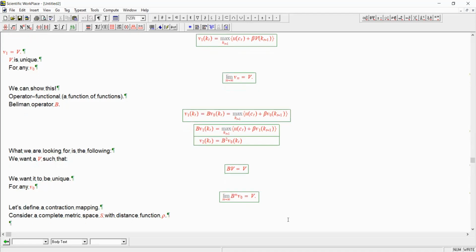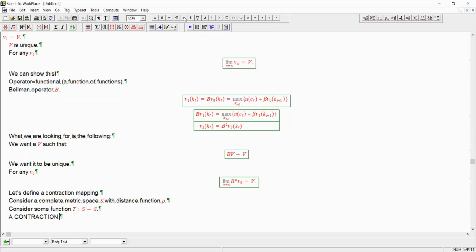So now consider some function T that maps from elements of S into another element of S. So it maps S into itself.